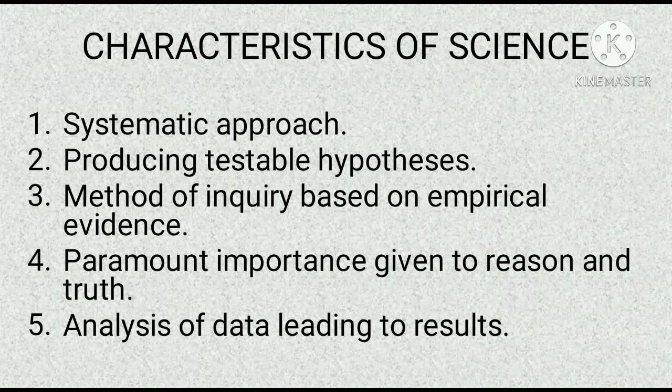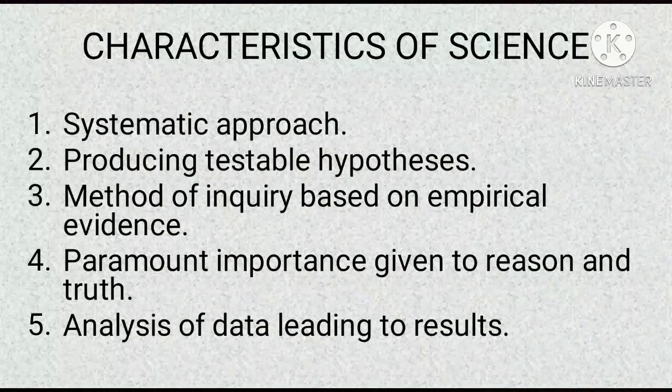Next, science produces testable hypotheses, that is, through empirical observation and arriving at a conclusion. Next important characteristic of science is that it gives paramount importance to reason and truth.